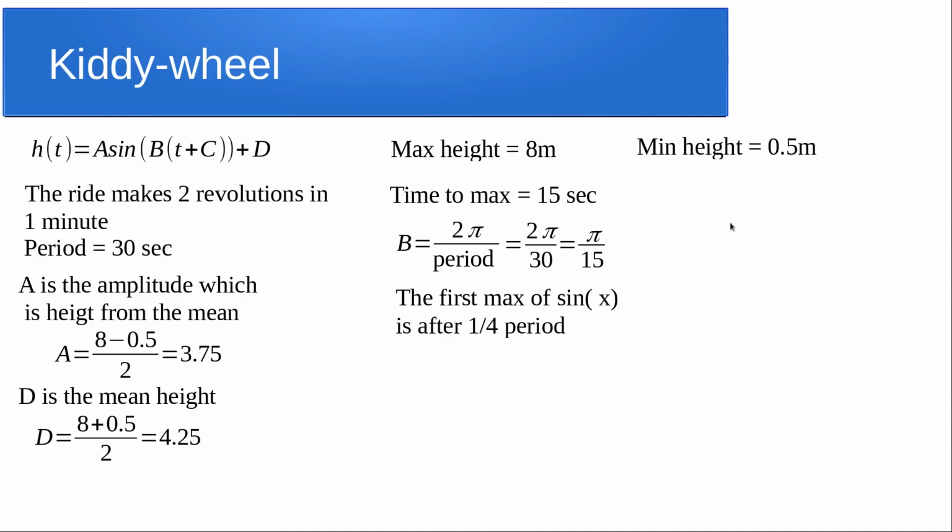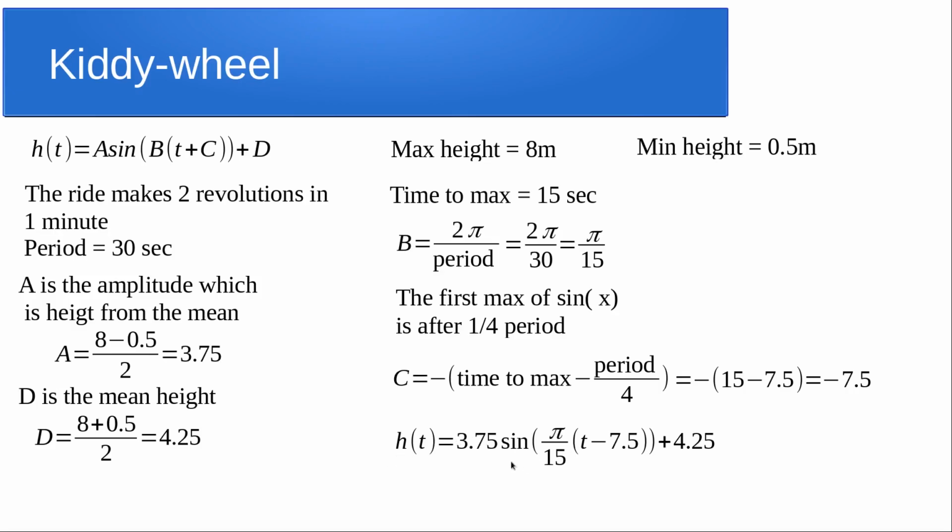After a quarter of a period we get to the max, and that's what gives us this formula here for C. So again, I'm talking about the features of the graph, and now all I've got to do is put that 15 into here, put that 30 into there, and I get that C equals minus 7.5. And there we've got our formula that h of t equals this lot here.